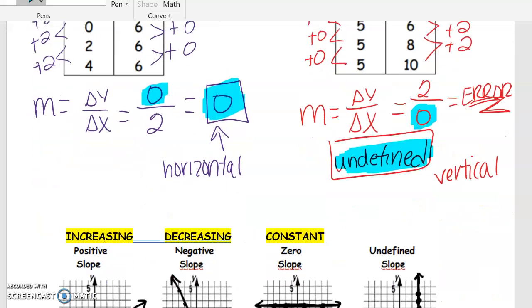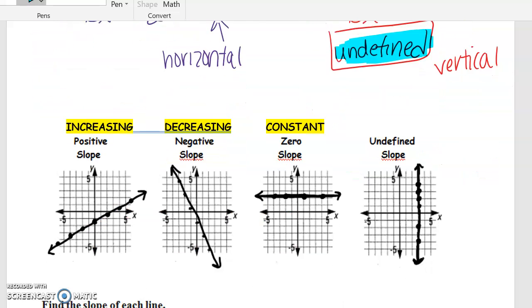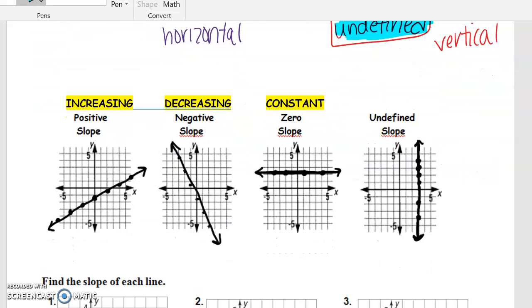Now let's move on to the graphs. Again, from a graph, we find our slope using the idea of rise over run. We want to count from point to point, how many up, how many over, how many down, how many over. Just to give you an idea, if we go left to right on our graph and our line is increasing, it is a positive slope.